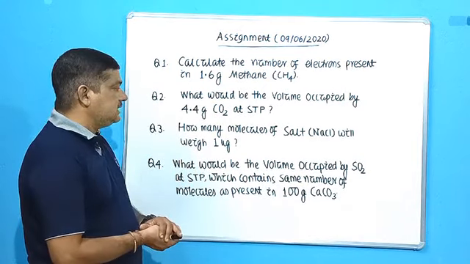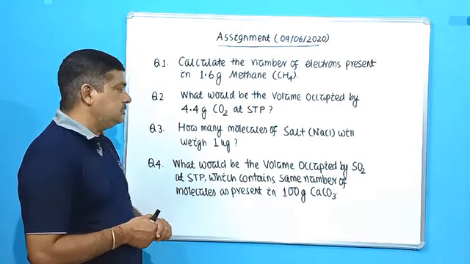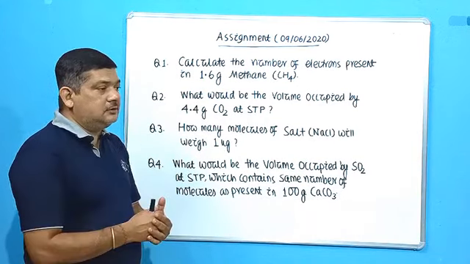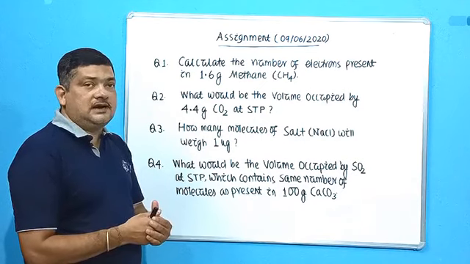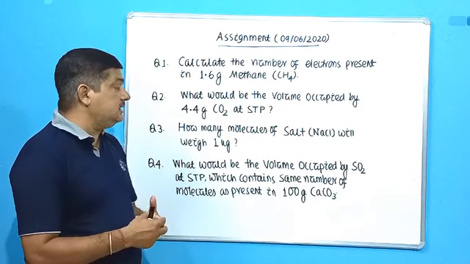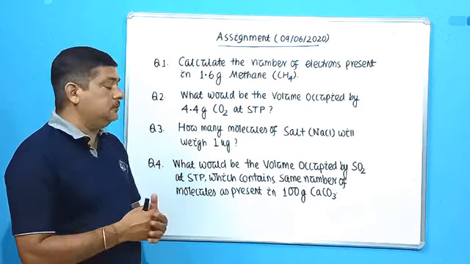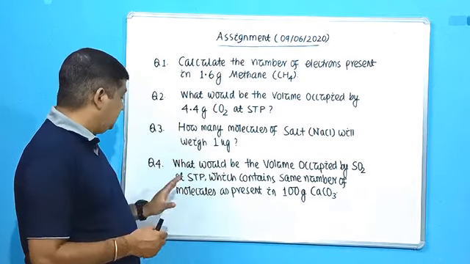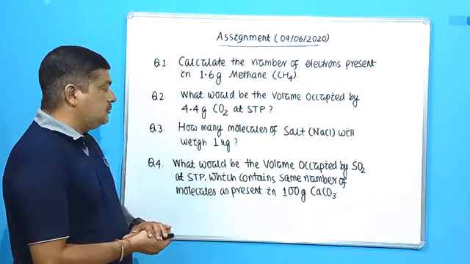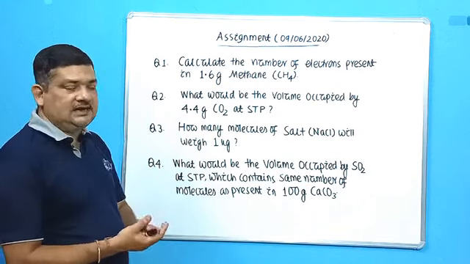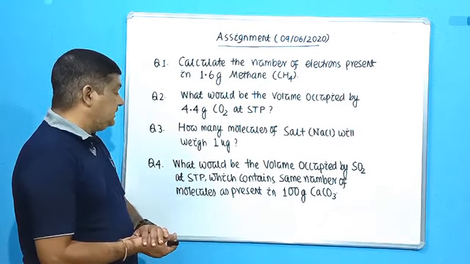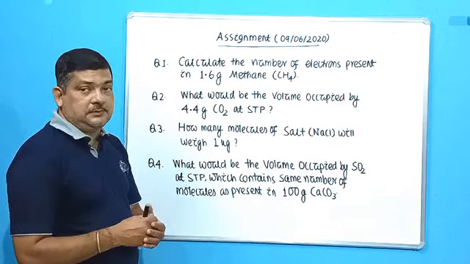Question 3. How many molecules of salt, table salt I am speaking, sodium chloride, will weigh 1 kilogram? How many molecules of salt? That is the question. Okay, last question. What will be the volume occupied by sulfur dioxide, which is a gas, at STP, which contains the same number of molecules as present in 100 gram calcium carbonate?